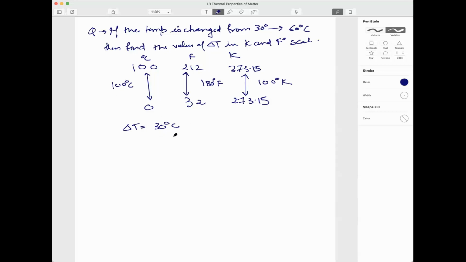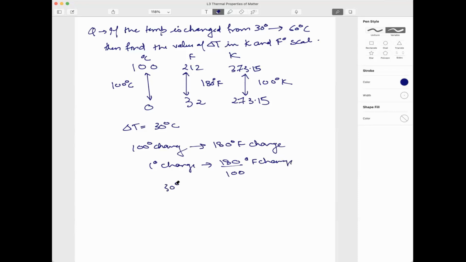If you want it in Fahrenheit, we know that for a 100 degree change, it's a 180 degree Fahrenheit change. So a 1 degree change is a 180 by 100 degree Fahrenheit change. So for a 30 degree change, it's 180 divided by 100 into 30, that is 54 degrees Fahrenheit. Okay.